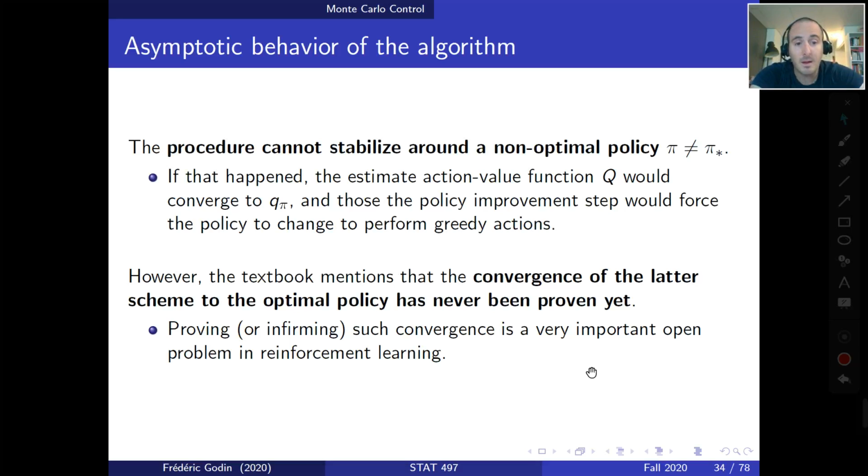If somebody was able to prove or disprove the convergence or non-convergence of this algorithm, it would be very important for practitioners of reinforcement learning. This was the situation when the last edition of the book was written. I don't know if somebody did it since, but to the best of my understanding, this hasn't been solved yet.